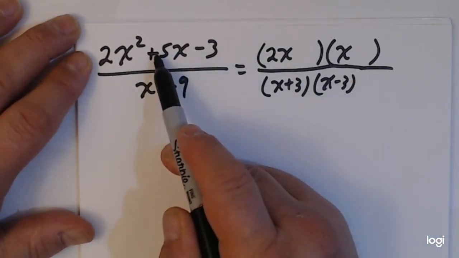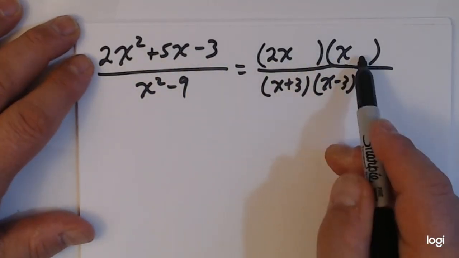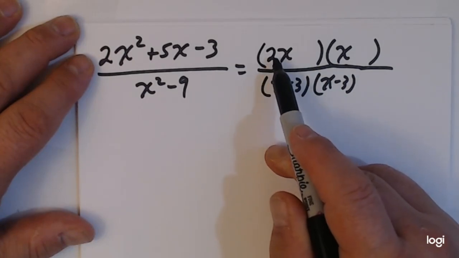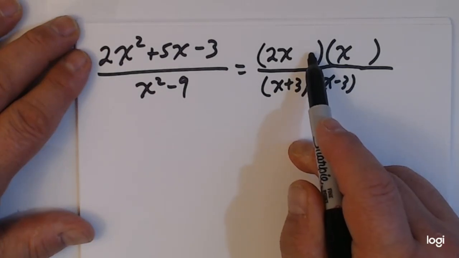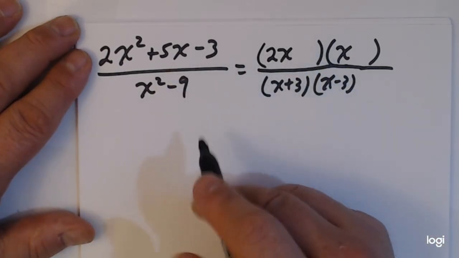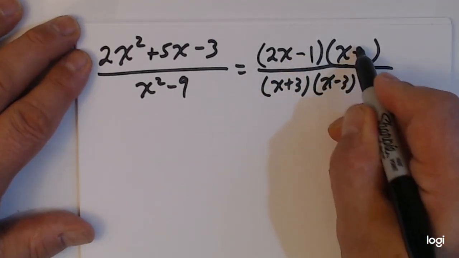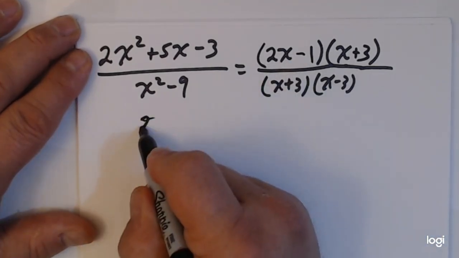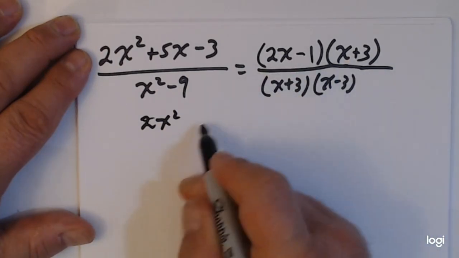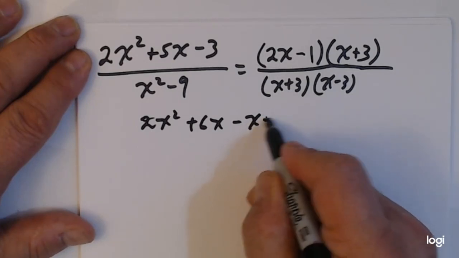So we have a plus term in the middle. So here's the thing. 3 times 2, if it's positive 3, 3 times 2 is 6, positive 6. And if this is negative 1, we subtract off 1, that gives us 5. So that's what it looks like it's going to be. We're going to put a minus 1 here and a plus 3 here. So that gives us 2x squared, 3 times 2 plus 6x minus x minus 3.